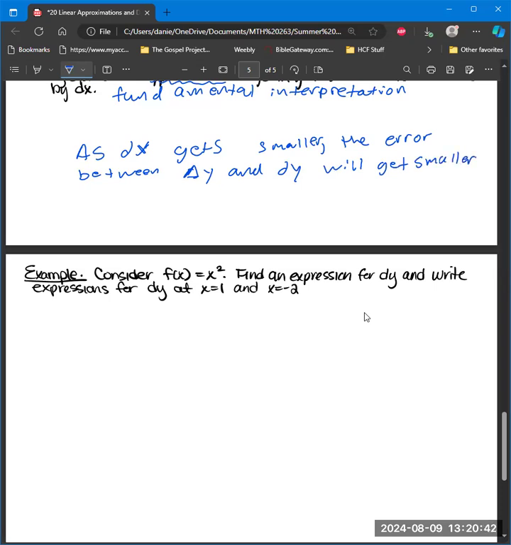The closer I am to x, the better the approximation dy is for delta y.